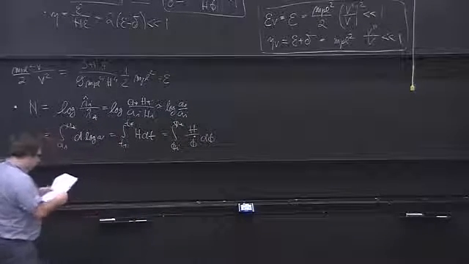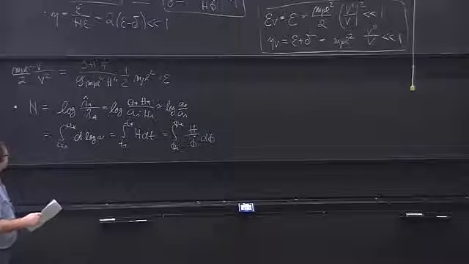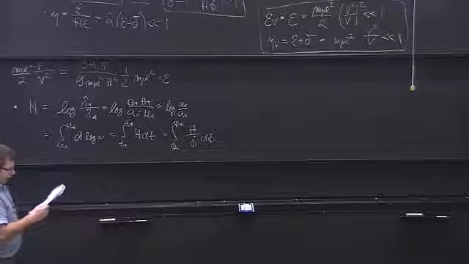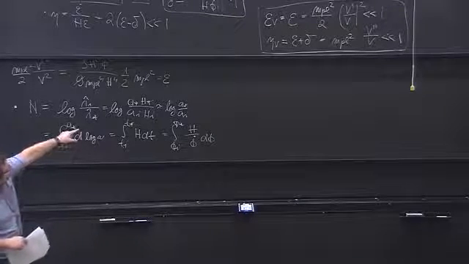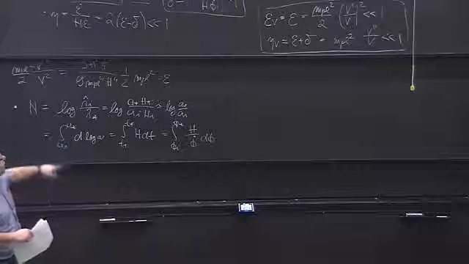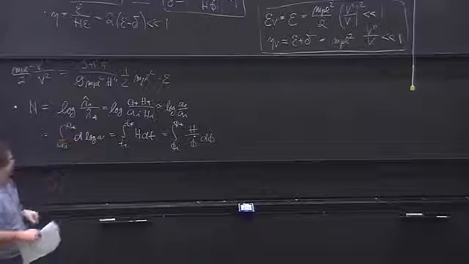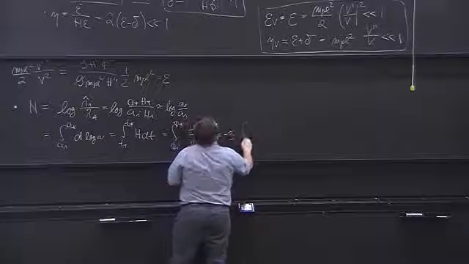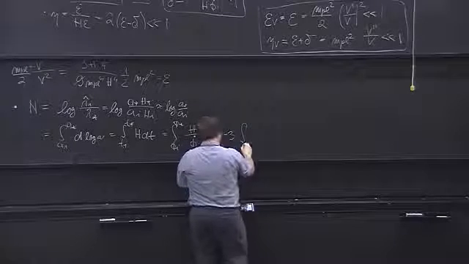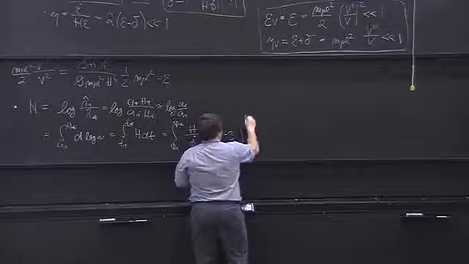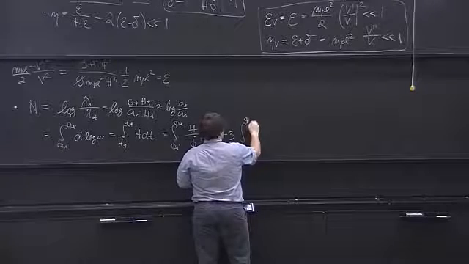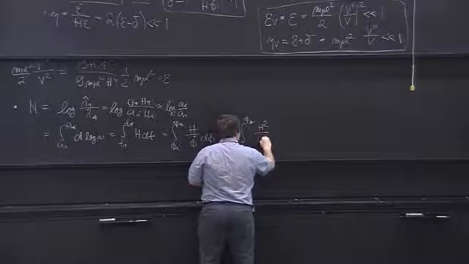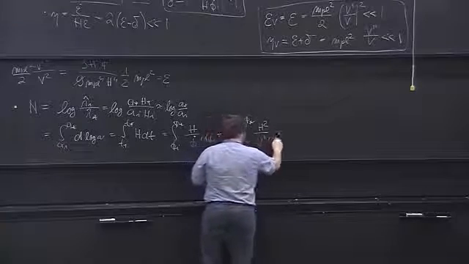And now I can use one of my slow roll equations, the second one, to change phi dot into V prime. So this is equal to minus 3 integral from phi_i to phi_star of H squared over V prime d phi.